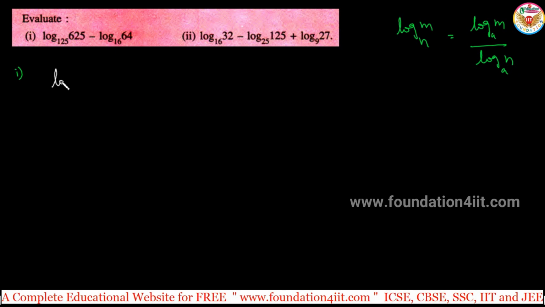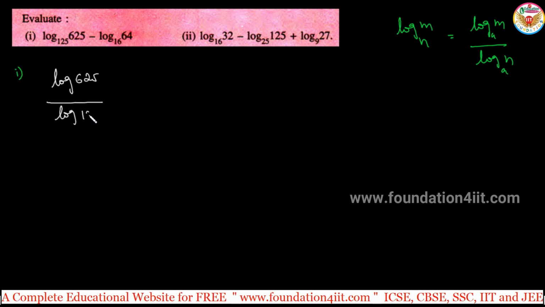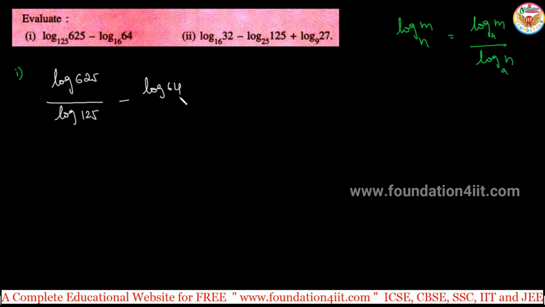So, in that case, log 625 to the base 125 you can write as log 625 divided by log 125, minus log 64 divided by log 16. You can use the same base 10 for everything.